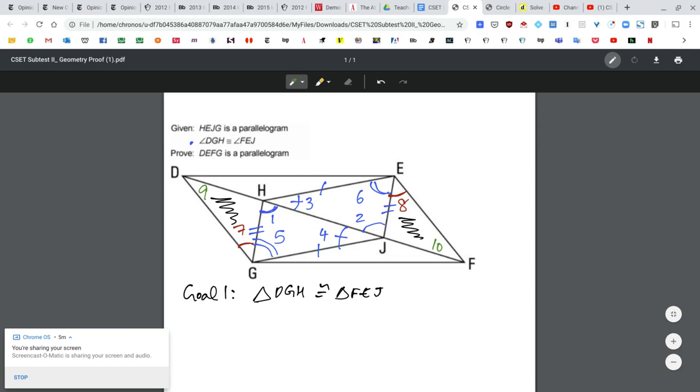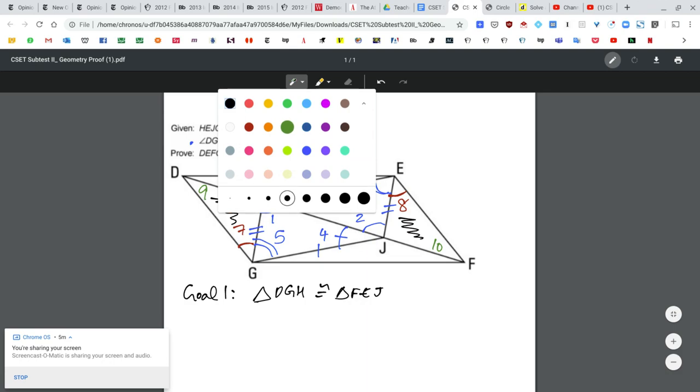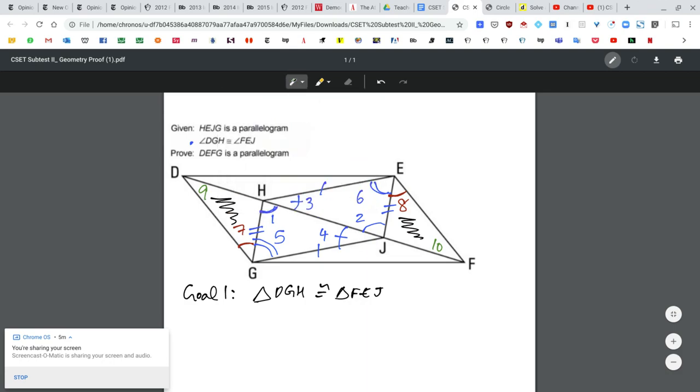So my first goal is to show that these two highlighted triangles are congruent. So let's have a go at this. I already know that angle 7 equals angle 8. So I have one angle of each triangle congruent. I also know that HG is congruent to EJ. So I just have to demonstrate a third angle is congruent. Now I know that angle 1 equals angle 2.